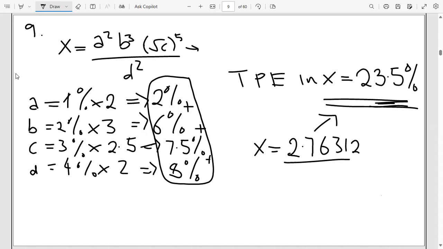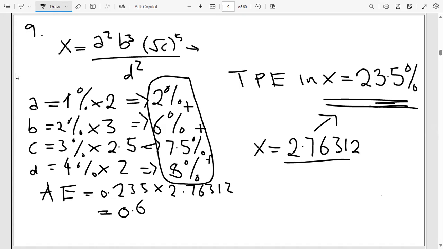So I'm finding my absolute error. My absolute error will be equal to 23.5 divided by 100, which will be equal to 0.235 multiplied by the actual measured value of X, which is 2.76312. So how much is the absolute value? I'm going to get 0.64933.